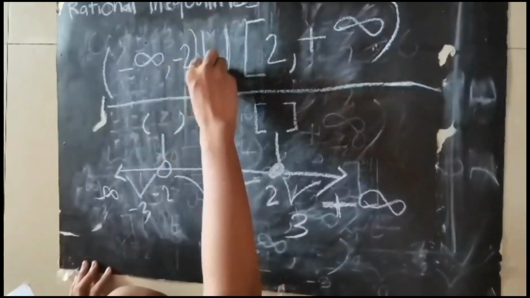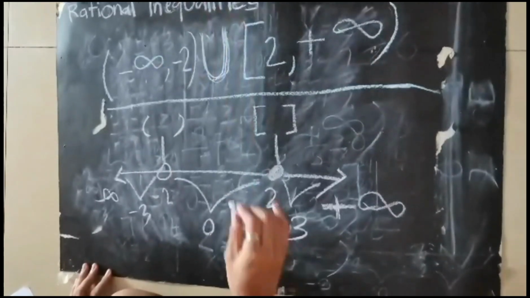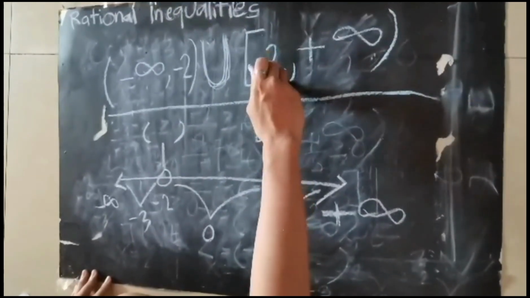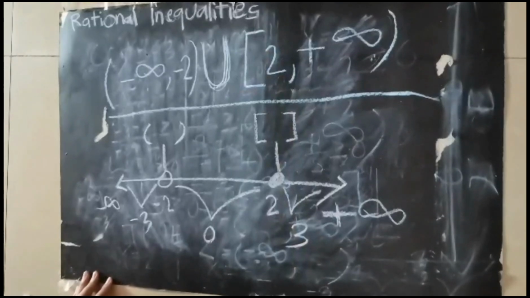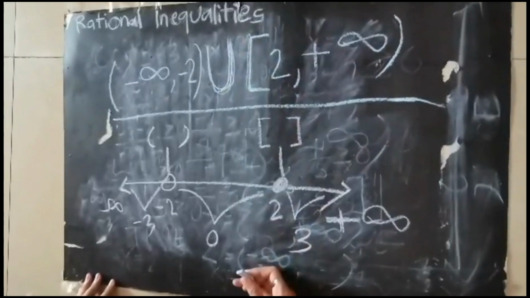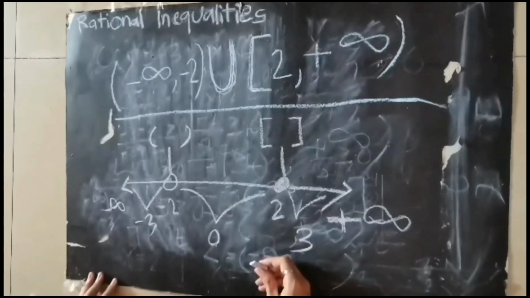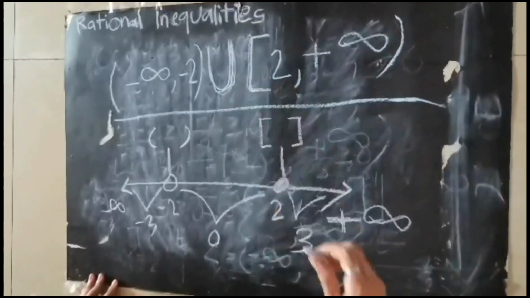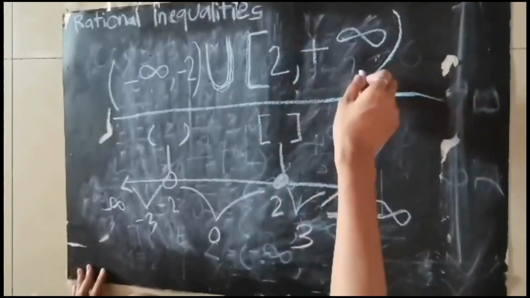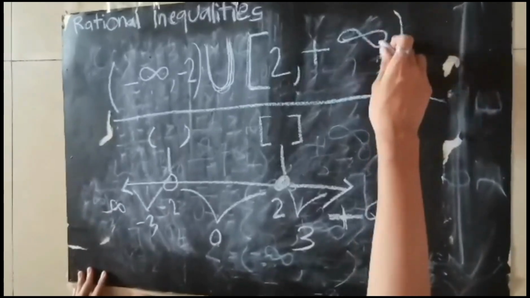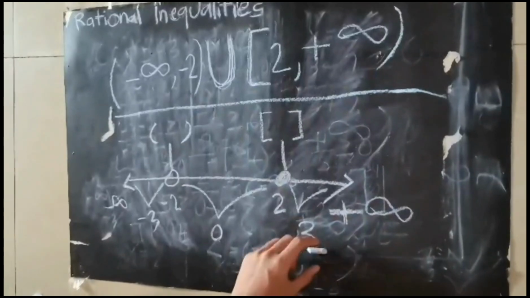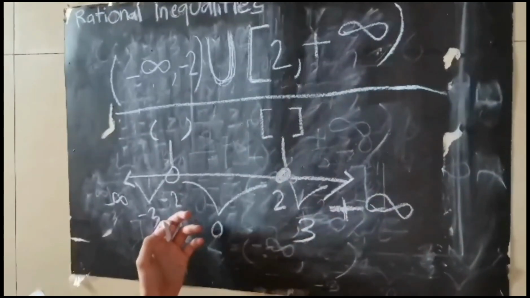Then put the letter U as a union, and next, since our general form is positive 2, we bracket it since it's a shaded number. Positive 2 should be bracketed. Then comma, you put your positive infinity, then parenthesis. And that's the whole solution for your rational inequalities.